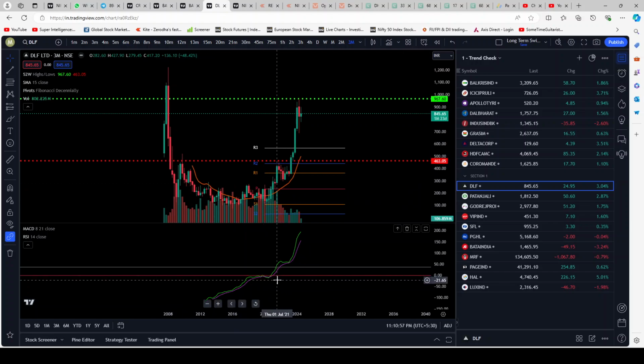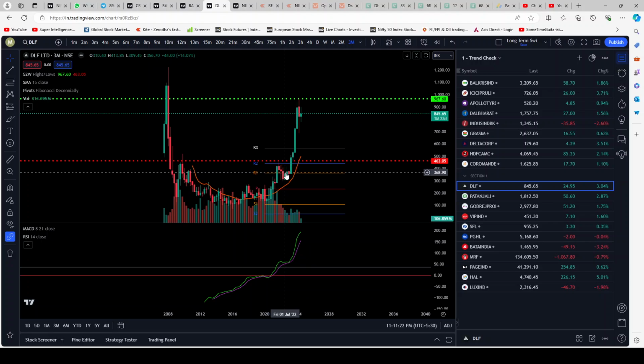Then you see it starts rising again post-COVID, and it crosses the 50% line over here. MACD crosses the 50% line on April 21, which is okay to get into the stock, because the stock price is somewhere over here at that point of time at 286 rupees. Then it climbs up and goes up till here to about 437 rupees, basically almost doubles. Then it comes crashing down again.